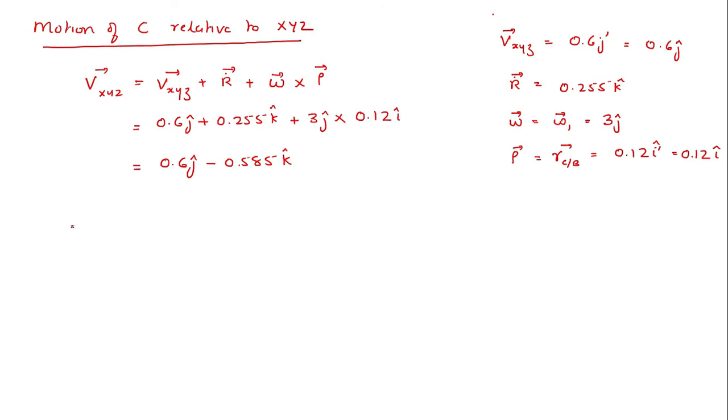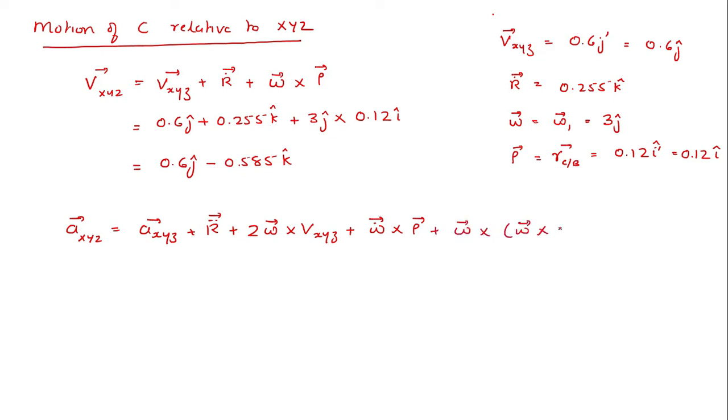Similarly, you can find the acceleration A with respect to the fixed frame capital XYZ, which is equal to A with respect to small xyz plus R double dot vector plus 2 omega vector cross V small xyz plus omega dot vector cross rho vector plus omega vector cross omega vector cross rho vector.